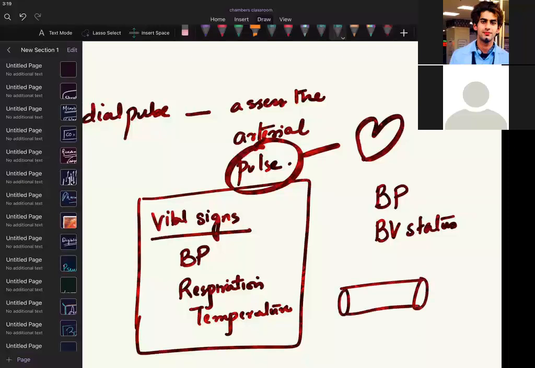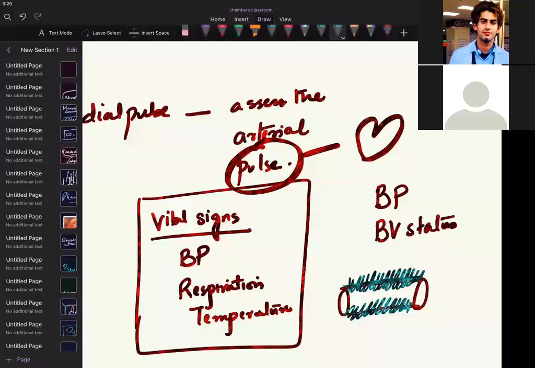If I have calcium deposition on the walls of the artery, can I palpate? No, it's hard. Normally, your arteries, like the radial, have a muscular layer. That's why it is making the vessel compliant. For how much pressure you put, it will be compliant.